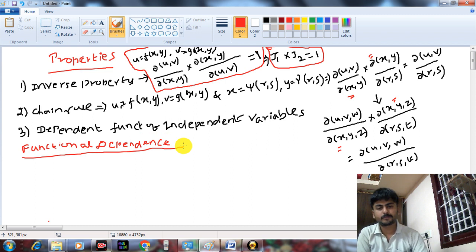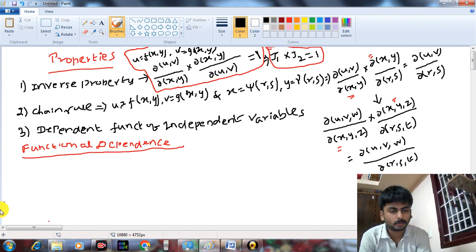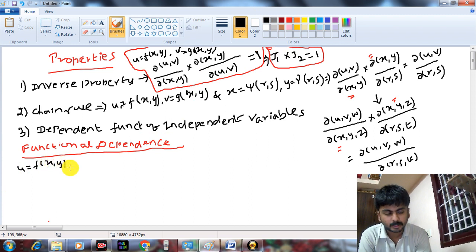So if u equals a function of x and y, for example u equals f of x comma y, and v equals phi of x comma y.